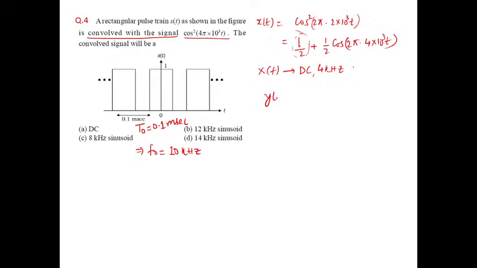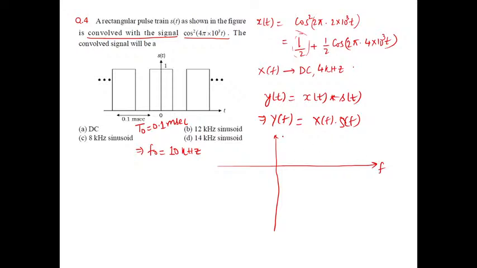So let us assume that y(t) is equal to x(t) convolved with our s(t), which is given over there. So this implies what will be Y(f)? Y(f) is simply equal to X(f) into S(f). Convolution in the time domain simply means multiplication in the frequency domain. So let's plot X(f) and S(f).